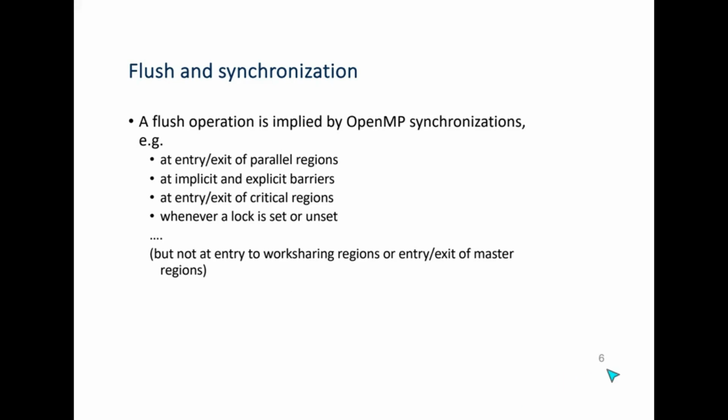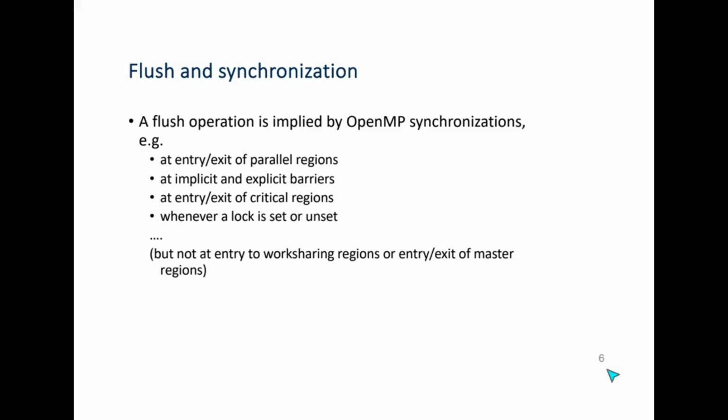You might think to yourself, how on earth did I ever manage to write a correct program, given this flexibility for maintaining temporary views of shared memory? The reason why everything works and you almost never have to care is that this flush operation is implied by any sort of synchronization in OpenMP.